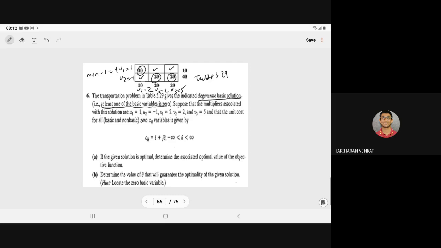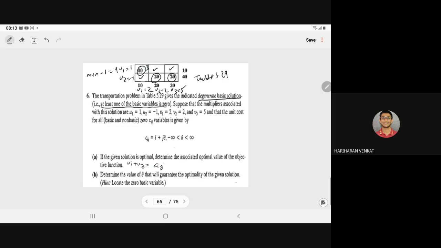So we know the same approach again. We know that for the basic solution, ui plus vj is equal to cij, right? So u1 is equal to 1, v1 is equal to 2, so C11 will be 3.